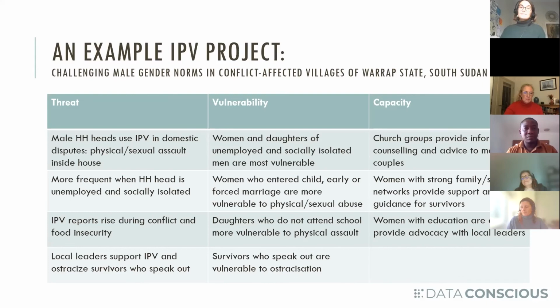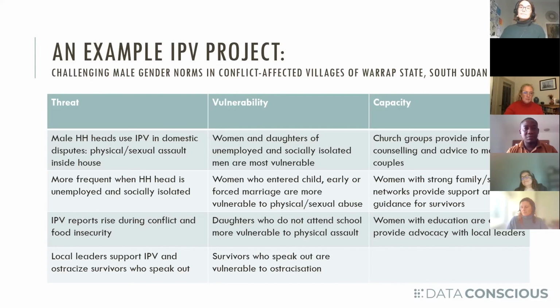We gave you some detail about intimate partner violence in Warrap State in South Sudan, and a risk analysis of the gender-based violence risk there, a log frame, some monitoring reports and some interview quotes, all of which I emphasize is 100% fictional. None of it is true or taken from something that is true. This was made up. None of this is related to anything real. However, it's a useful way to look at how these 5 steps relate to each other.